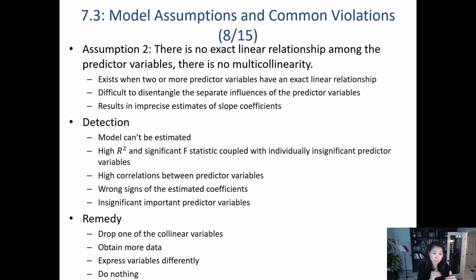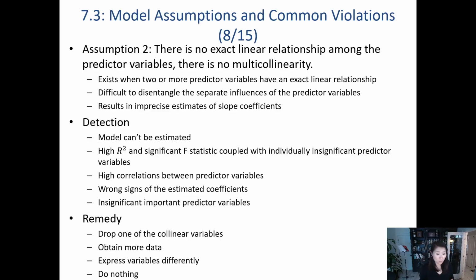But as you look at the individual X variables, you will notice certain X variables are not significant, though you think, wait, intuitively that one is supposed to impact my Y, but somehow it doesn't. In that situation, your model potentially has a multicollinearity problem.